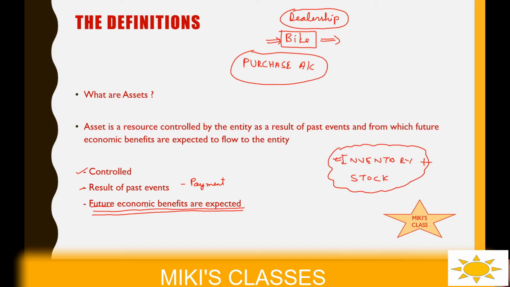So this word, future economic benefits are expected. In this case, it might not be that you're expecting anything more. You're expecting to resell it. You're obviously expecting to sell the bikes now. But that is not what this is referring to. This is talking about the fact that you've purchased it. Is there any future economic benefit expected out of this purchase?